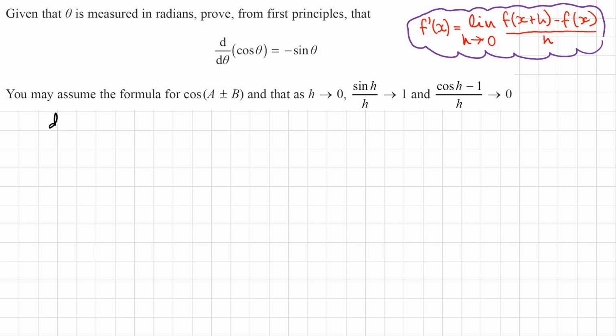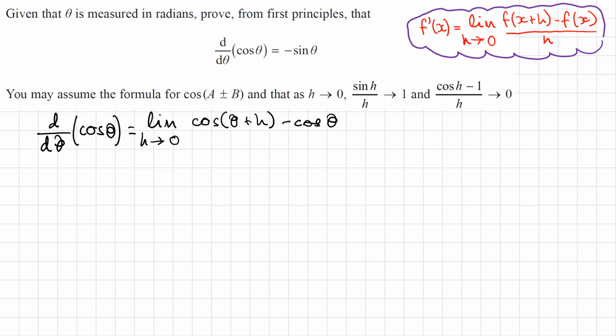The derivative d by d theta of cos theta is equal to the limit as h tends to 0 of cos of theta plus h, so basically you need to think of the theta being like x in the formula, minus cos theta all over h. Now I'm only going to write the limit as h tends to 0 at the start and at the end. I'm not going to write it in every line of working.